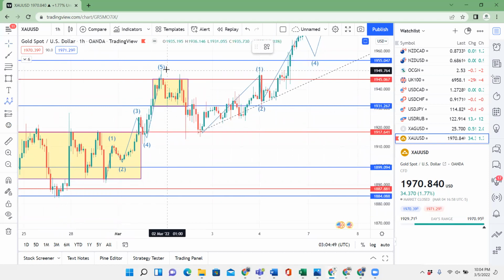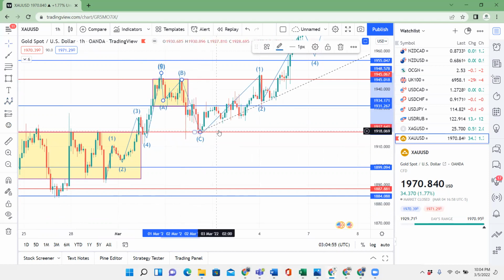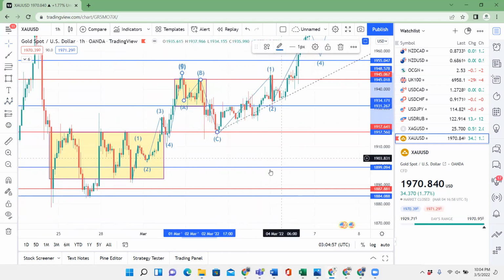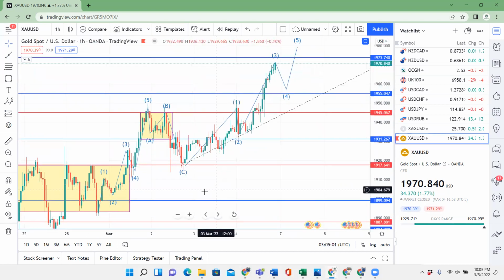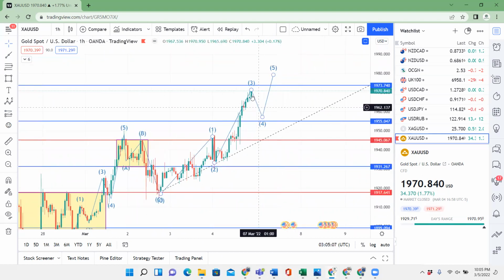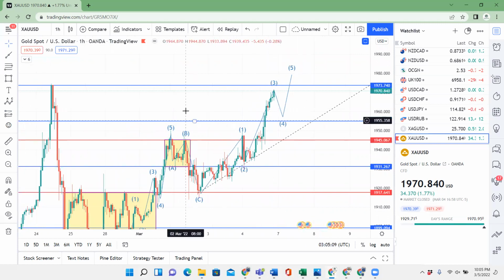And if the ABC correction is completed, A, B, C, guess what? We will link right into another Elliott wave, which we have right here. So you see how we're marking everything up. We have our Elliott wave. We have our ping pong strategy for consolidation. We have our ray. So we have our prediction of what's happening next in the market.